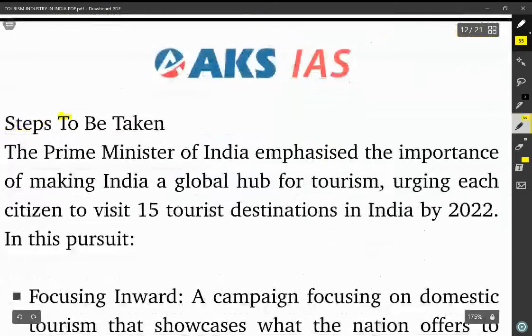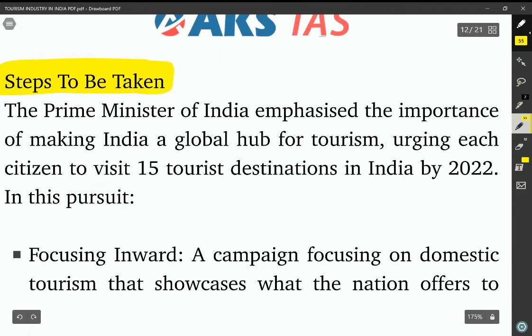So, what could be the possible steps that could be taken by the government and the private sector to improve the situation of tourism in India? The Prime Minister of India emphasized that making India a global hub for tourism is very important, urging each citizen to visit 15 tourist destinations in India by the year 2022.